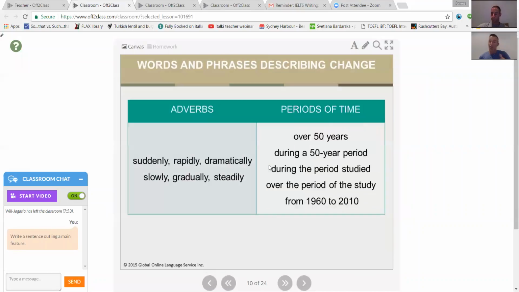Also, as I mentioned before, when the task in part one is comparing periods of time, you will need them to be able to give those periods of time, and they can't be using the same period. Although the data stays the same, you want them to vary the language. So you've got here on the right different ways in English of describing periods of time, and I think again, it's not all-inclusive.